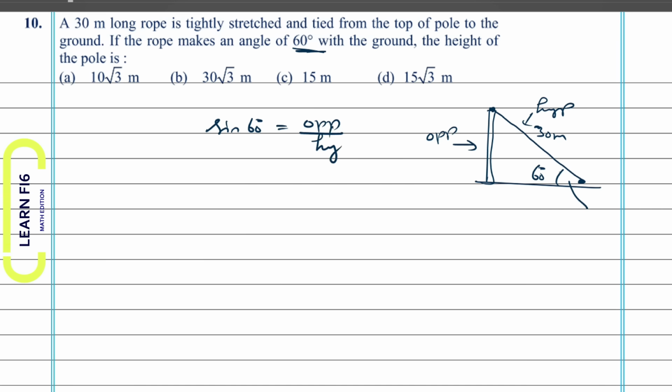Sine 60 value is root 3 by 2, and the opposite side that we have to find, the height of the pole, I'm going to take as h. The hypotenuse value is 30, the rope length. Rearranging, I will get 30 into root 3 by 2 is equal to h, and you can cancel these two. It will be 15. The answer is 15 root 3.